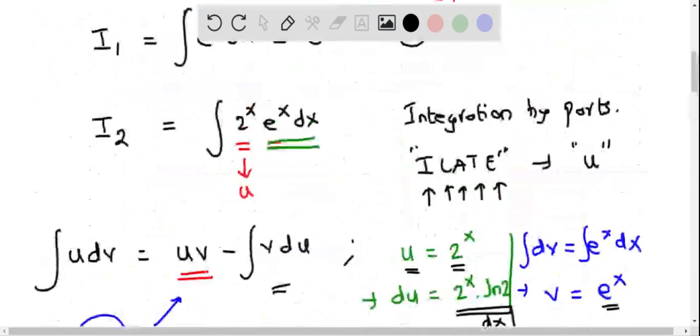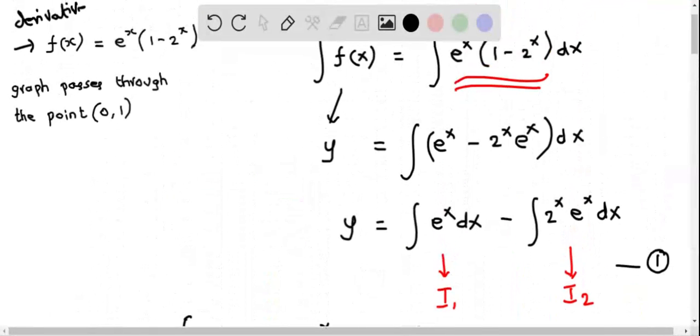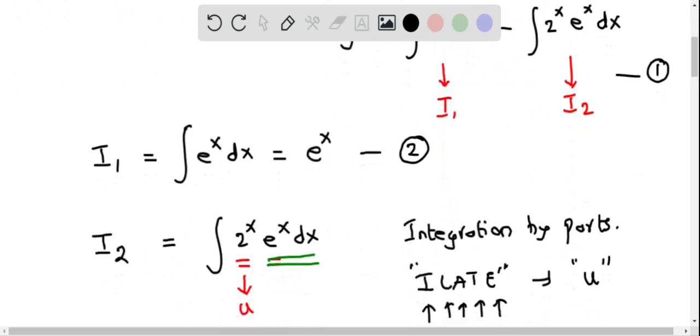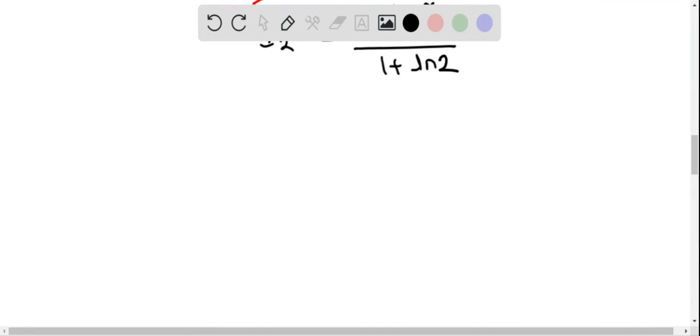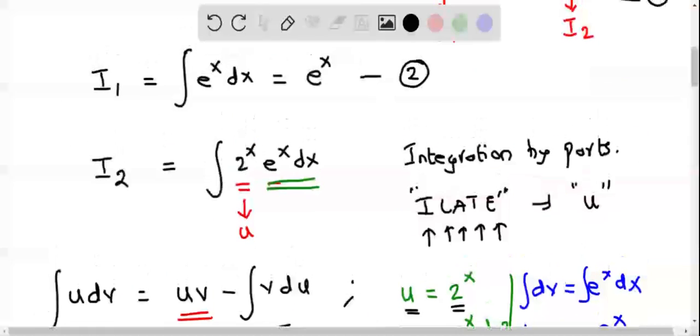Now I'm going to substitute the results of I1 and I2 into our equation 1. So we will get the equation for y. Let's go back and verify I1.